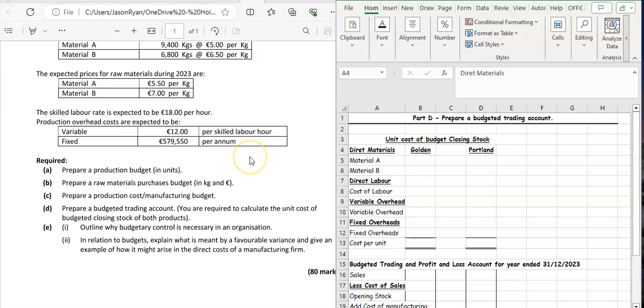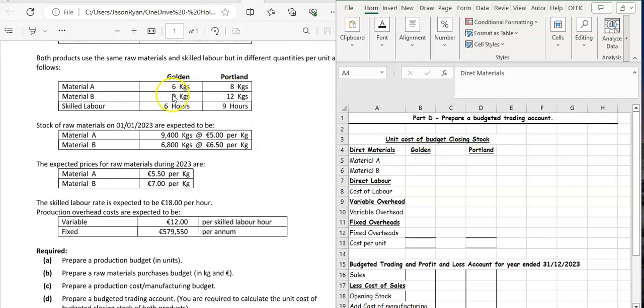So if we look at material A for Golden, we need 6 kgs for material A. The price of that is going to be €5.50. So in here, Golden material A, 6 multiplied by €5.50.